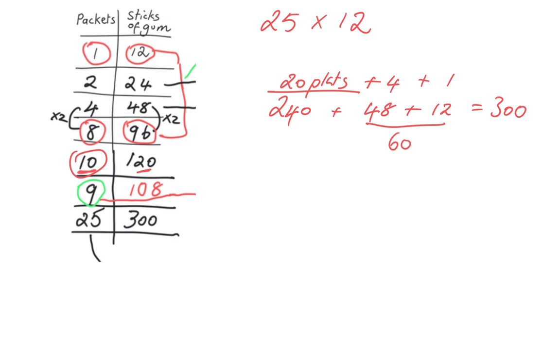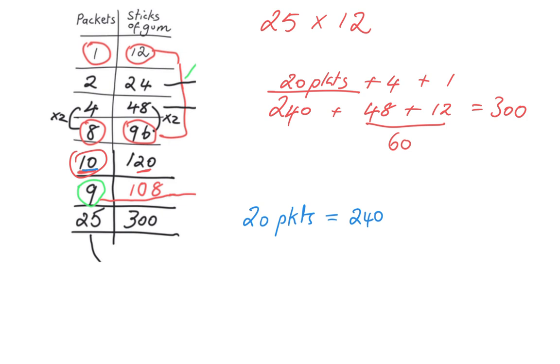Interestingly, no one used the 5 is half of 10 strategy. So if we go back to what we already know, we know that the 20 packets is 240 sticks of gum. And so we just need 5 more.